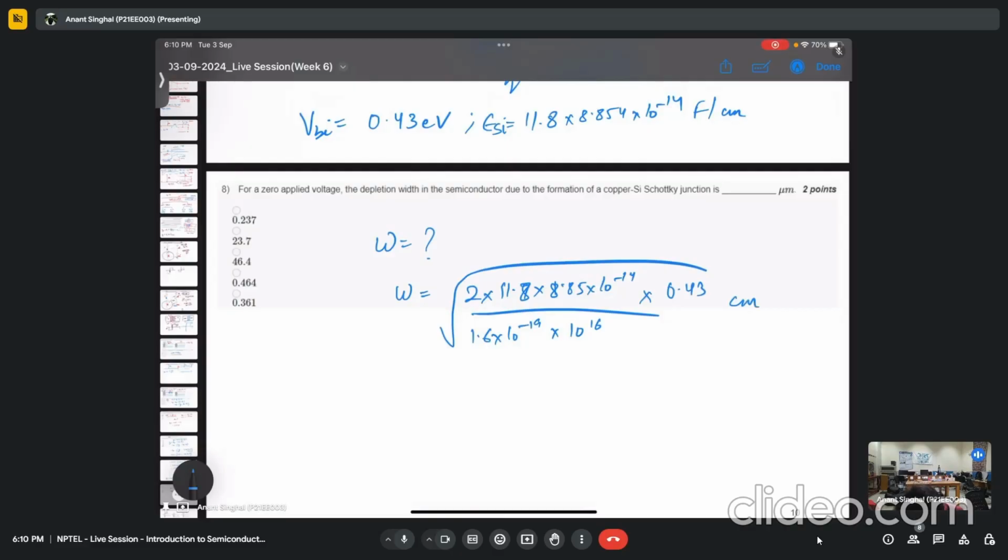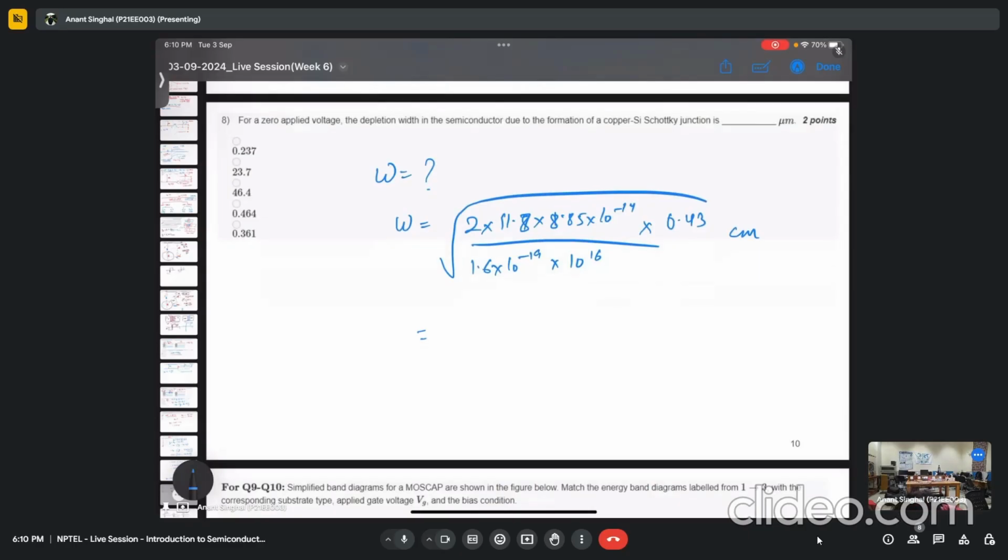So this will be in centimeter basically. This will be 10 to the power minus 5, and the result is 0.2375.